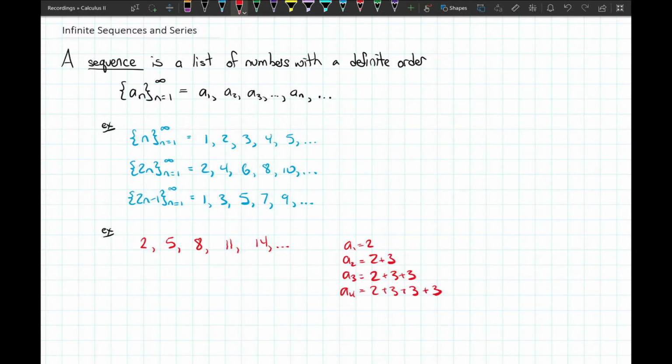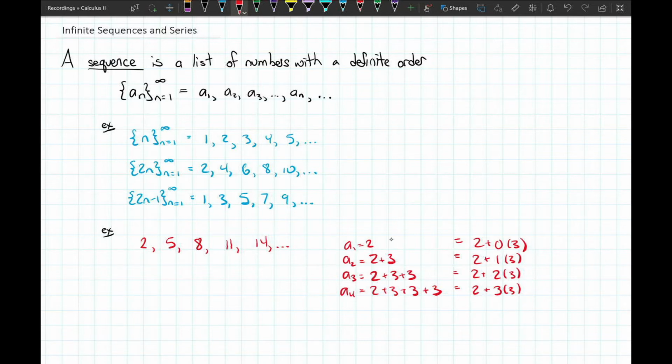But we can condense this notation. Well, if I'm adding 3 three times, that's the same thing as 2 plus 3 times 3. If I'm adding 3 twice, that's just 2 plus 2 times 3. And finishing off all of that more compact notation, we can see a much easier pattern. Instead of 2, 5, 8, 11, 14, we can see this nice pattern, 0, 1, 2, 3. Well, those numbers are exactly 1 less than the index.